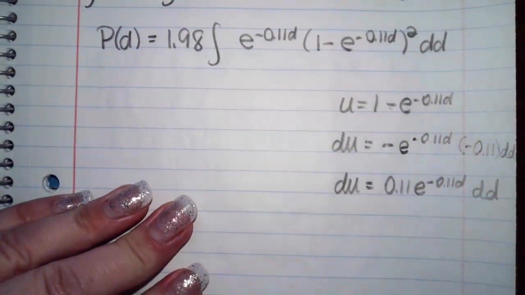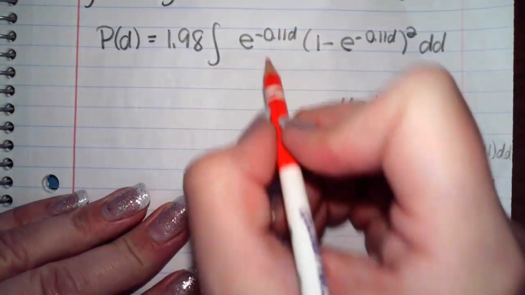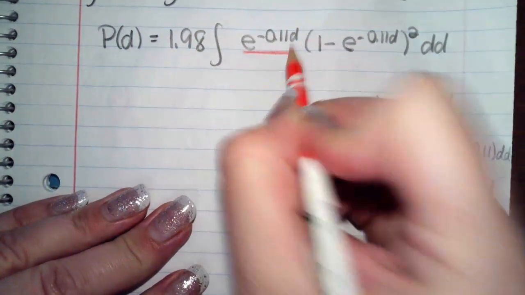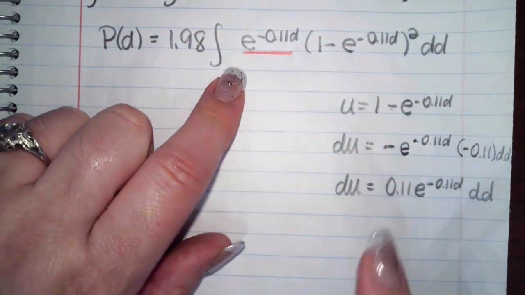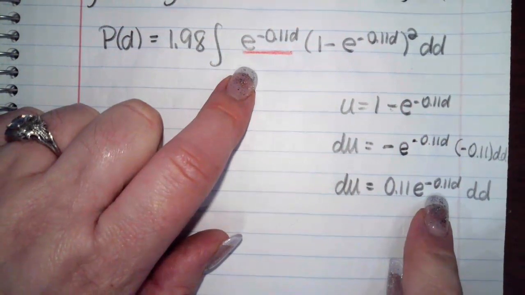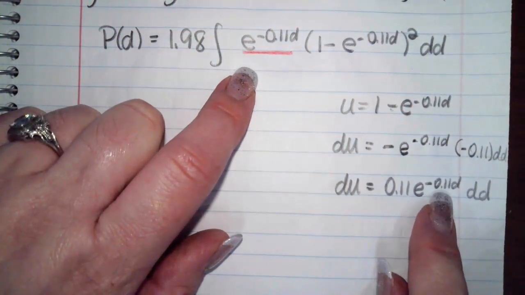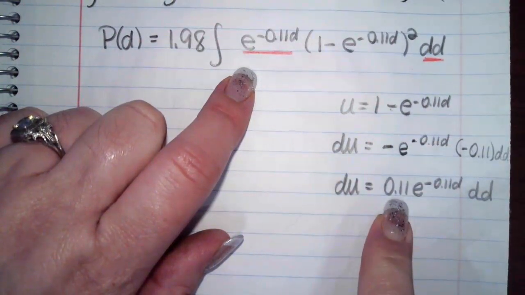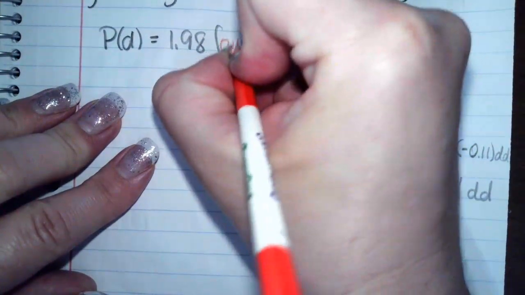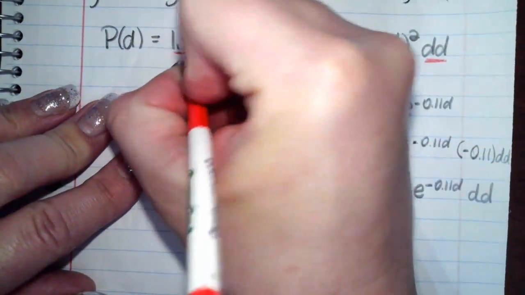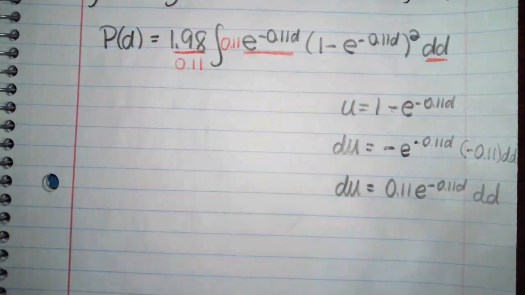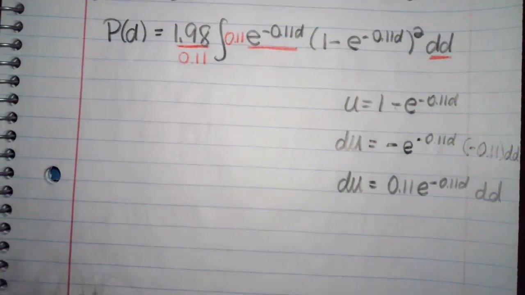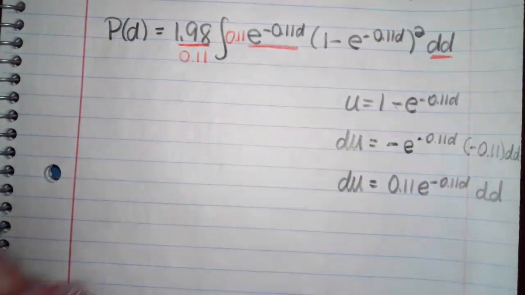Okay, so what do I have? I have this part. I've got the e to the negative 0.11d. I've got the dd. What do I need? I need the 0.11. So I'm going to multiply by 0.11 and I'm going to divide by 0.11. So really I'm just multiplying by 1. Okay.